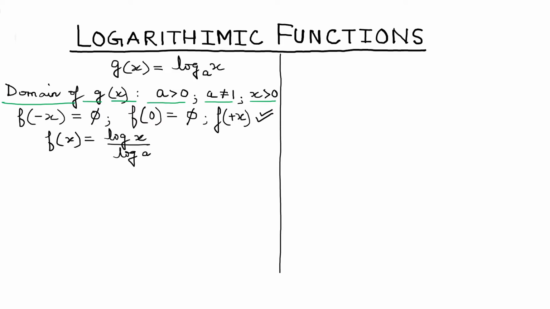Now, here we would do two things. One is we would give different values to a and then find the values. At the same time, we may give some different values to x as well. Okay, so if a is equal to 2 and x is equal to half, let's say, in that case, what is going to be the value of f(x)?